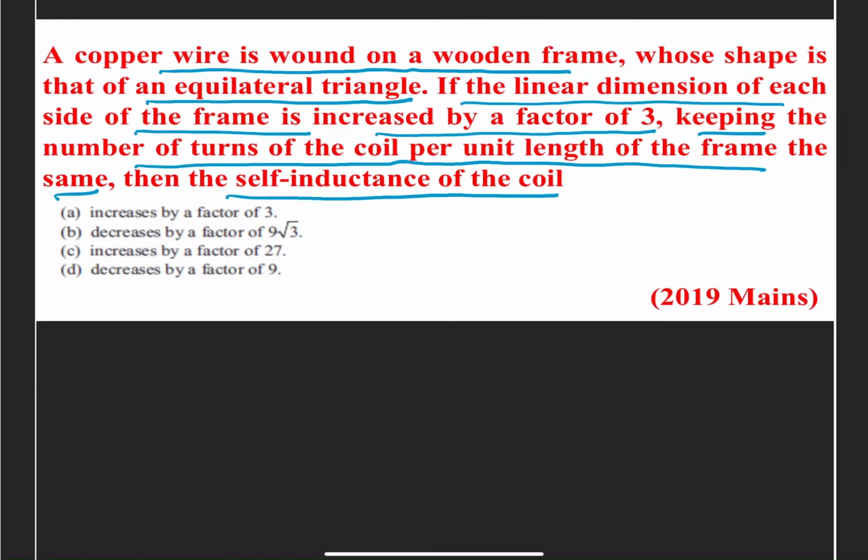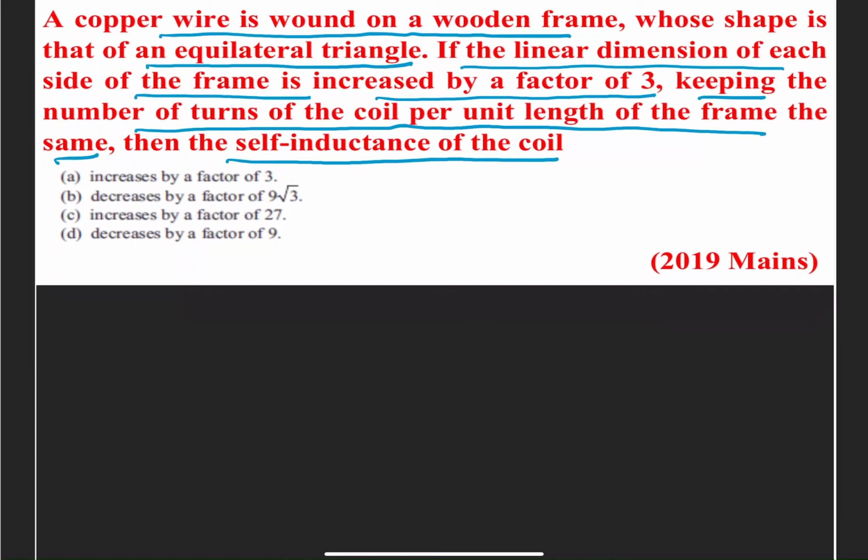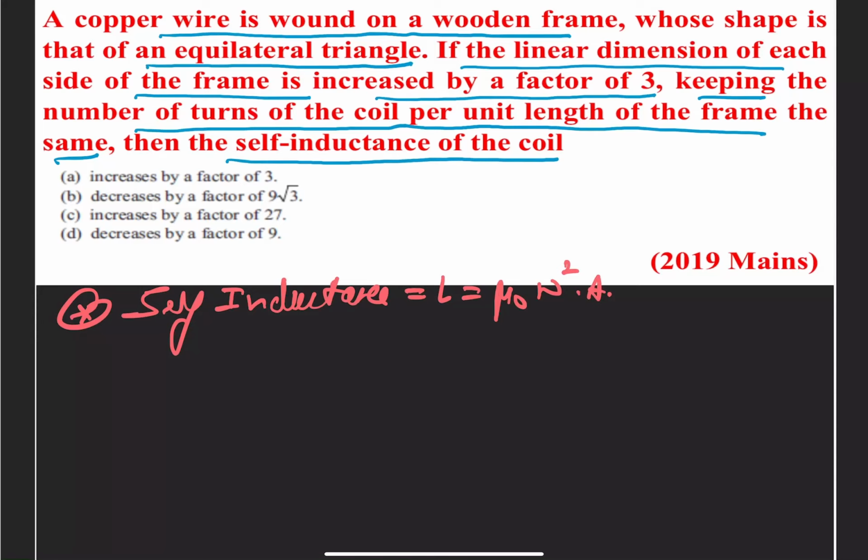So we start with the basic formula for the self-inductance. We know that self-inductance L is given as mu naught n square A multiplied by L, where mu naught is the permeability, n is the number of turns, A is the area enclosed by the coil, and L is the length of the coil.